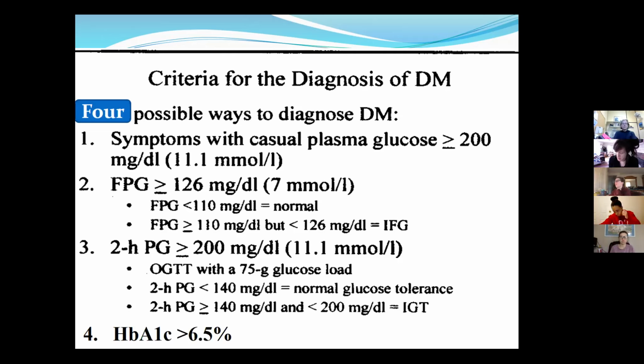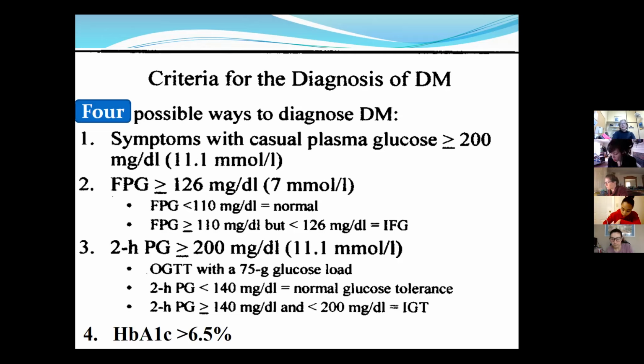The second possible way of diagnosing is if the patient has a fasting plasma glucose that is greater than or equal to 126 milligrams per deciliter. So greater than or equal to 126. Now, less than 110 is normal for fasting.